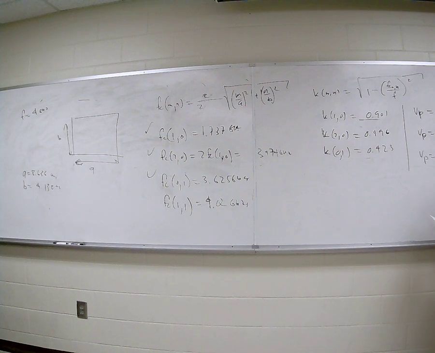Then 3.33 times 10, oh sorry, 10 to the 8th. And then 6.05 times 10 to the 8th. And then 7.09. What's the next one? Okay, 6.051 times 10 to the 8th. And then the last one, 7.096 times 10 to the 8th.